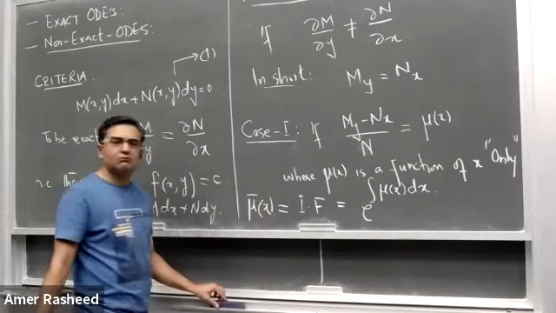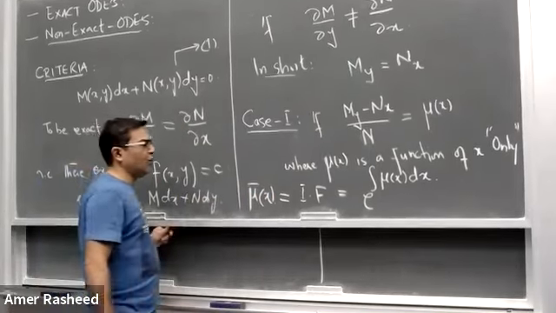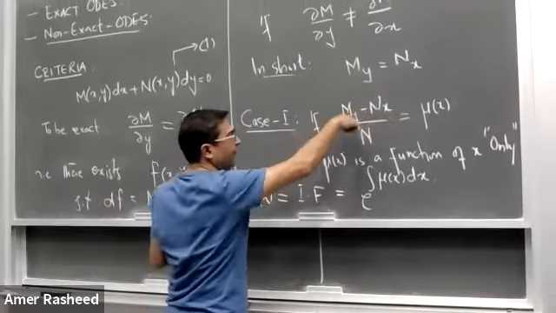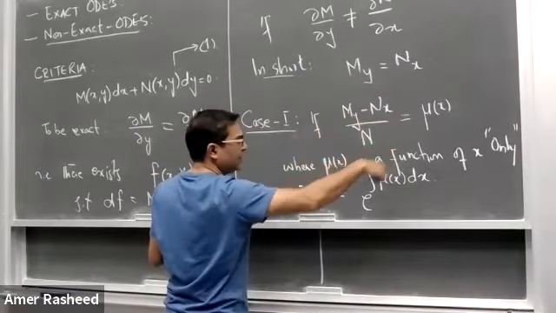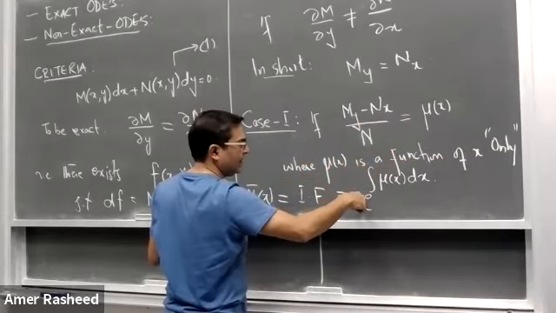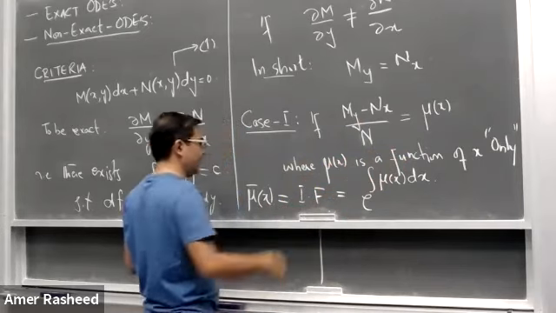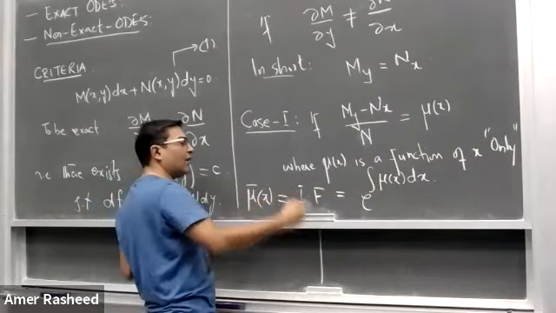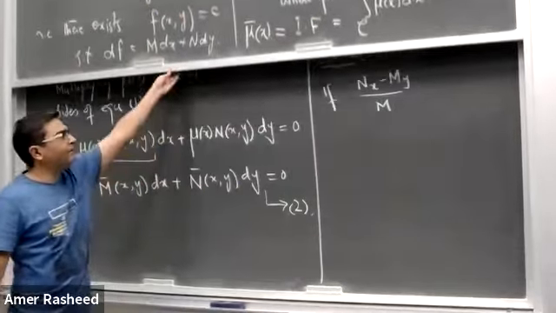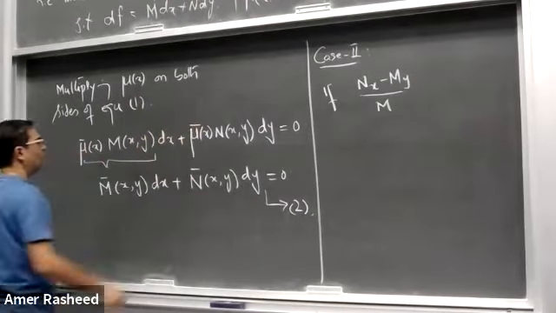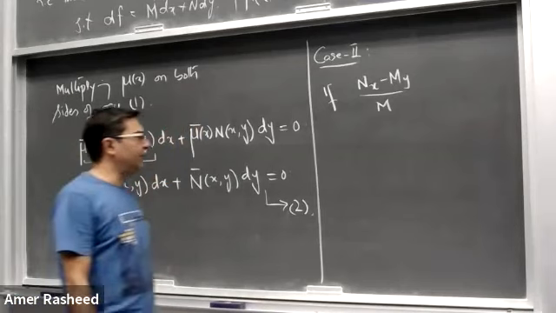Remember, if this expression is a function of x only, then exponential of the integral of mu of x dx is the integrating factor. We call it mu bar of x. So here we must have mu bar, or some other notation you can use.